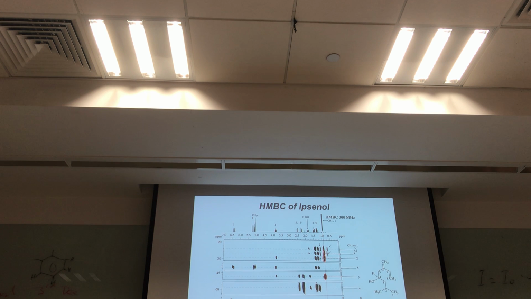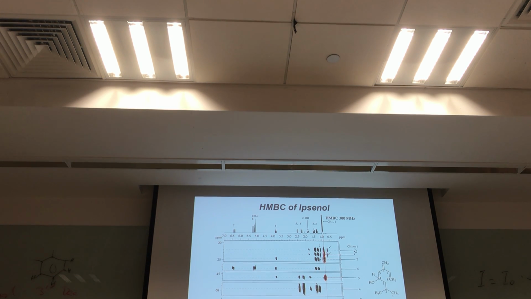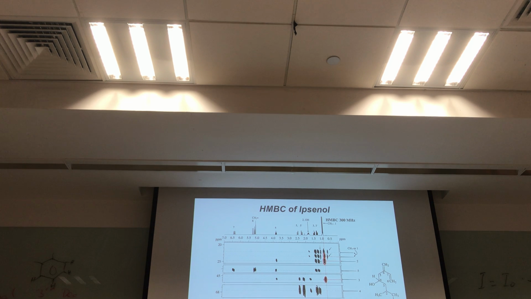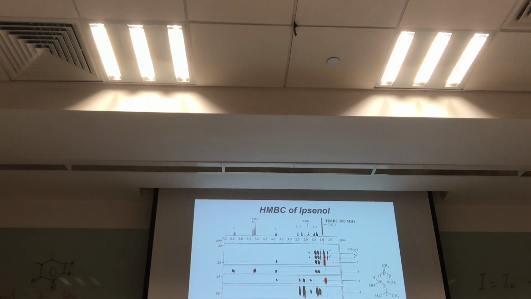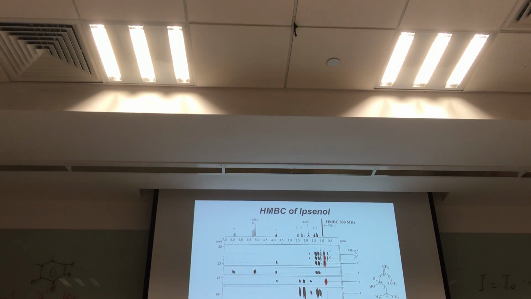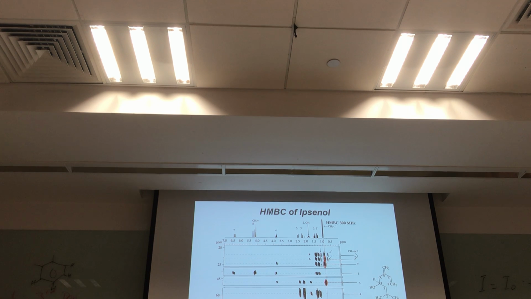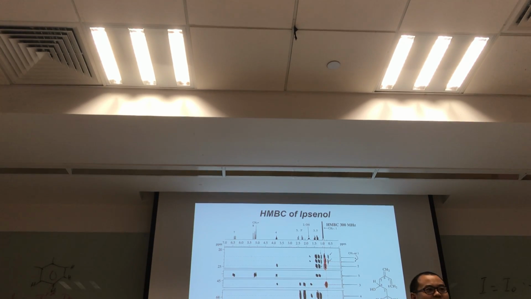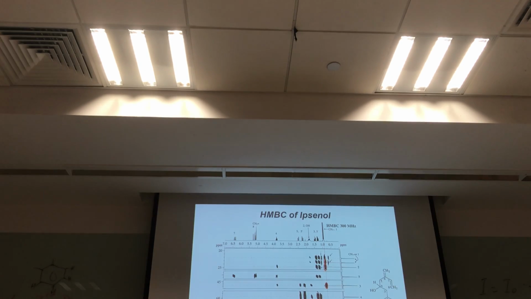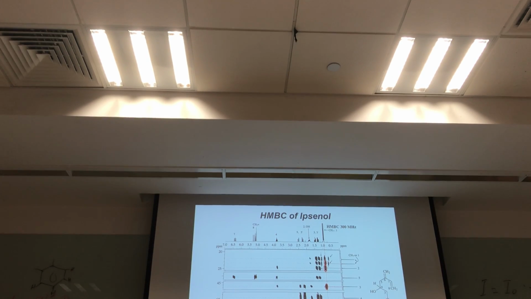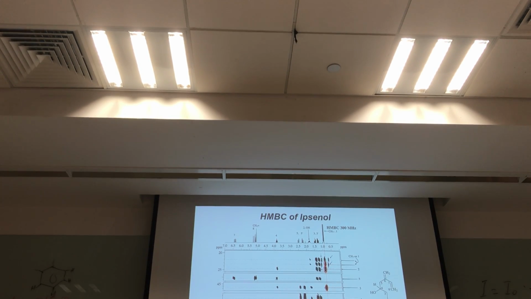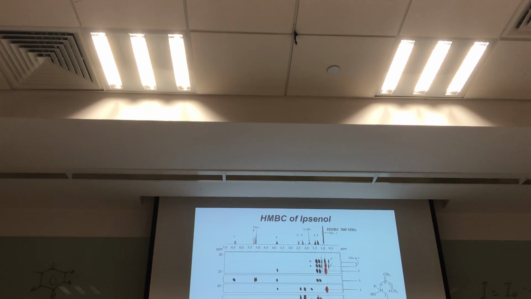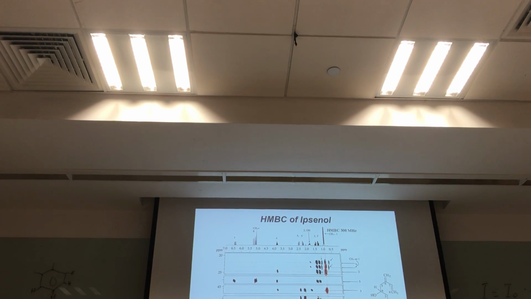HMBC just tells you two-bond and three-bond CH correlation. But you didn't see one-bond correlation. But sometimes you do see this, because in that case, it's a satellite peak.